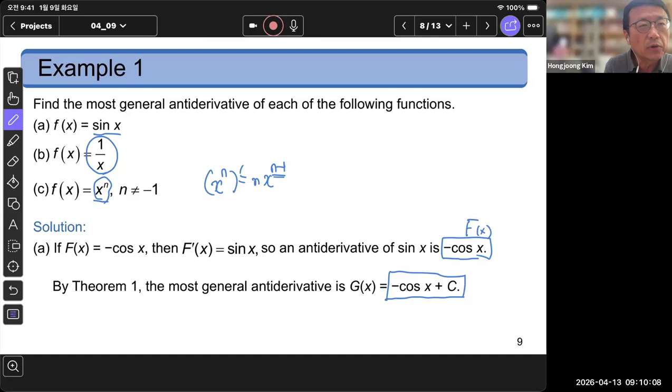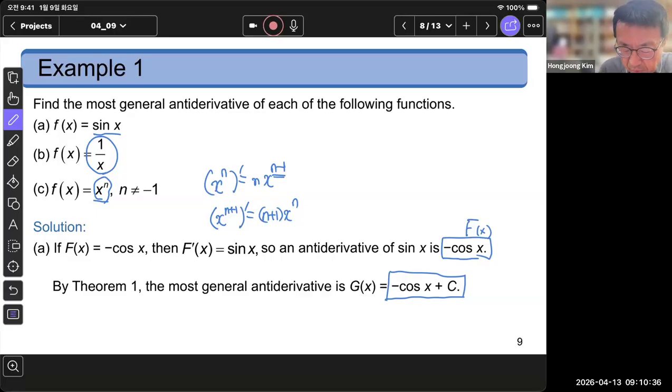So before the differentiation, I must have the n plus first power. But when I differentiate x to the n plus 1, you will multiply n plus 1 to the x to the n. So in order to have the coefficient 1 in front of x to the n, I need some cancellation of this n plus 1.